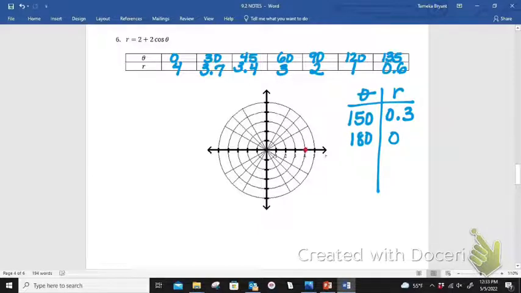So at 0, we're all the way out here at the 4. Then we start to come back in.